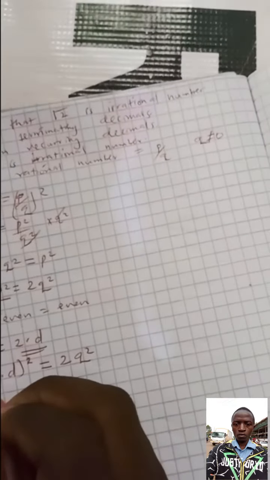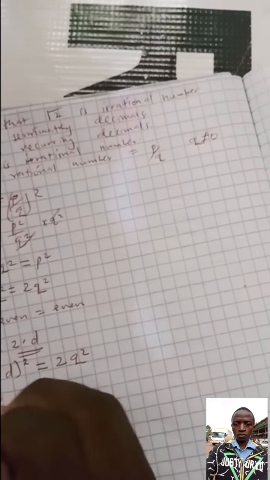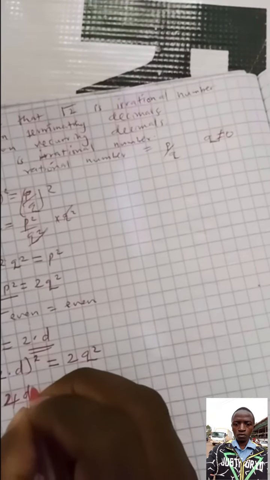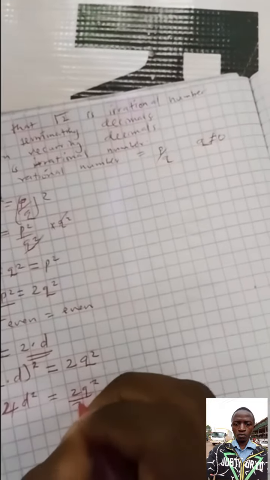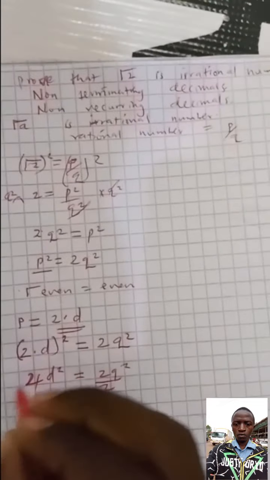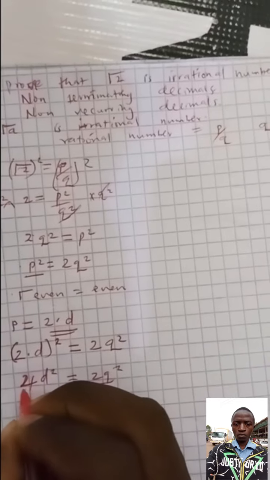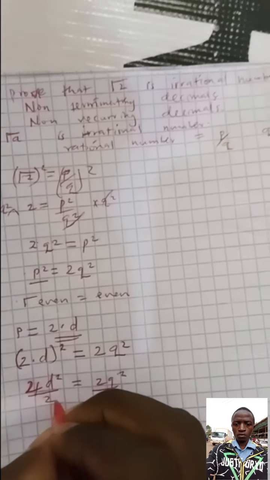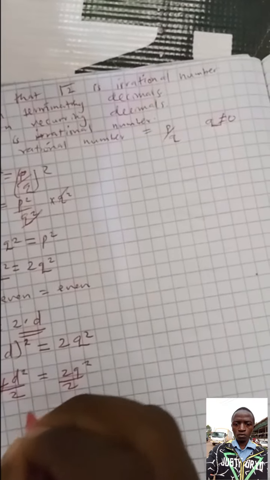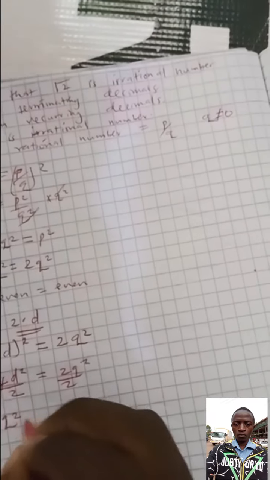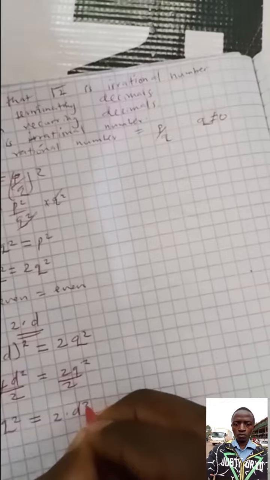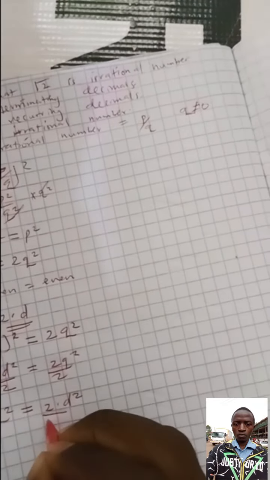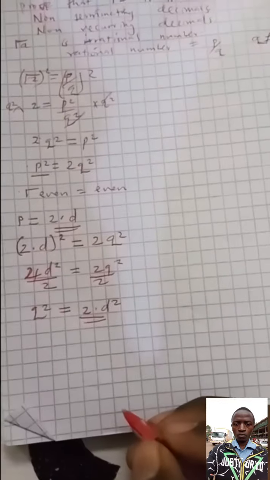So squaring this side, we get 4d squared equals 2q squared. Divide by 2 on both sides and you get q squared is 2d squared, which means q is also an even number.